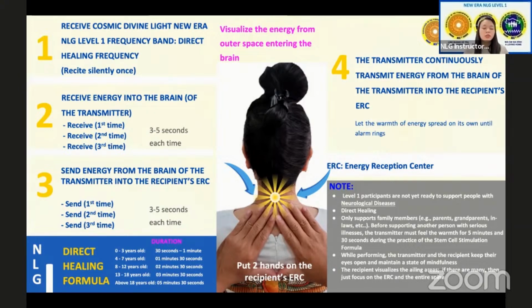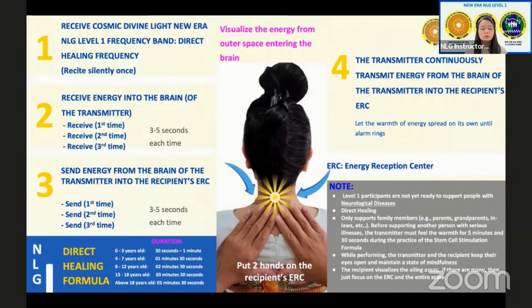So after you join NLG, if your health has improved tremendously, and you're able to give yourself healing support every day and feeling great, and the changes that you experience are very observable, it is very clear, then that is basically very similar to feeling that warmth when you practice. Okay, just a heads up about that, because a lot of the time people's sensory systems are not very sensitive to that warmth, right? Sometimes you feel it, but it's very mild. And so what you'll be looking at is also your health improvements.